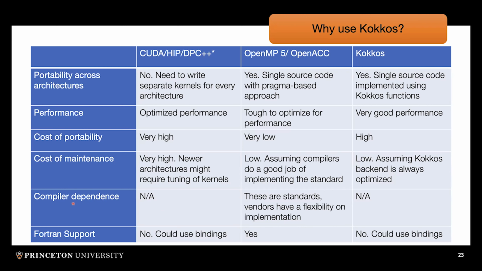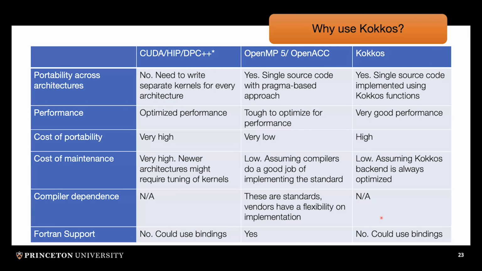With respect to compiler dependence, OpenMP5 and OpenACC are standards, and vendors have the flexibility of how they implement the standards. And with respect to Fortran support, OpenMP5 and OpenACC is the only one that you can use to port Fortran. You can use CUDA, HIP, or DPC++, but with the help of C++ bindings, and the same thing for Kokkos.